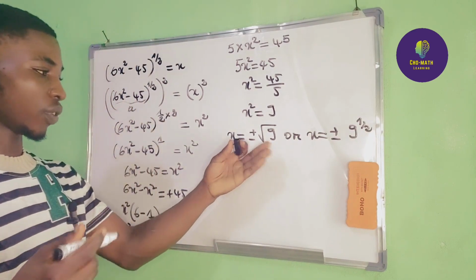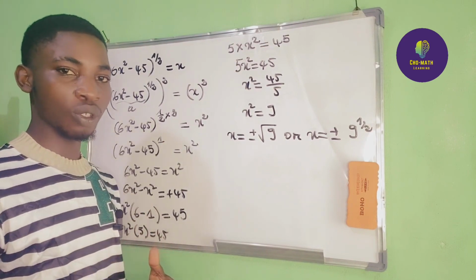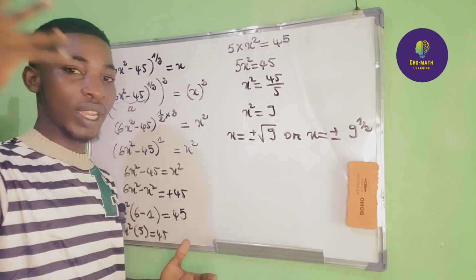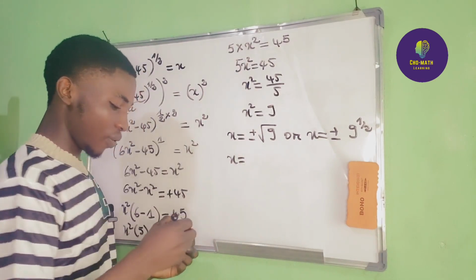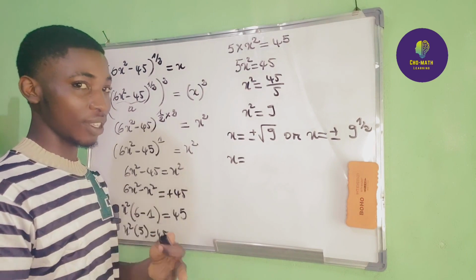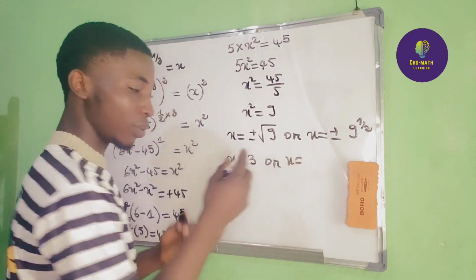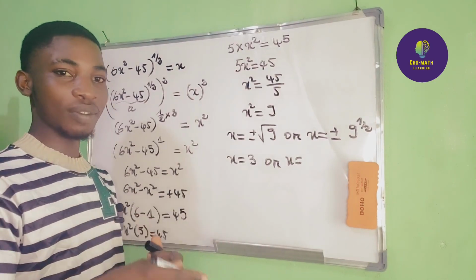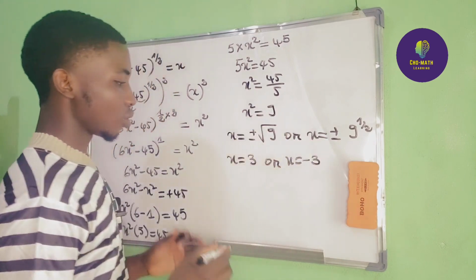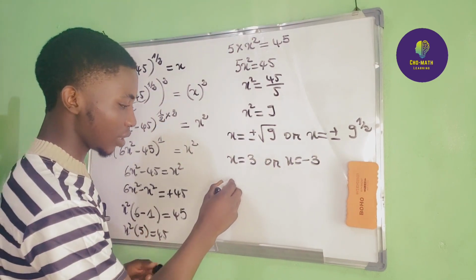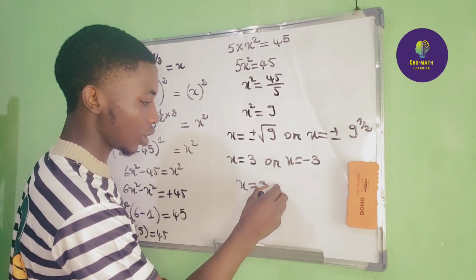When you are looking for the square root of a number, you need to ask yourself just one question: what number squared is equal to this number? We know that to have 9, you can take 3 times 3, that is, x can be equal to 3, or negative 3 times negative 3, that is, x can be equal to negative 3. So finally, x can be equal to 3 or negative 3.